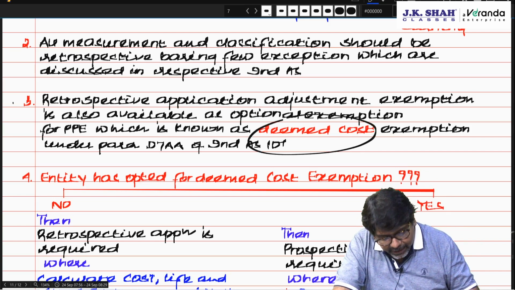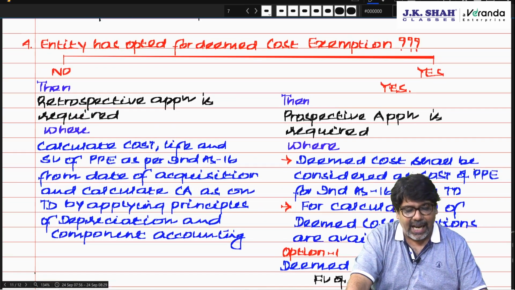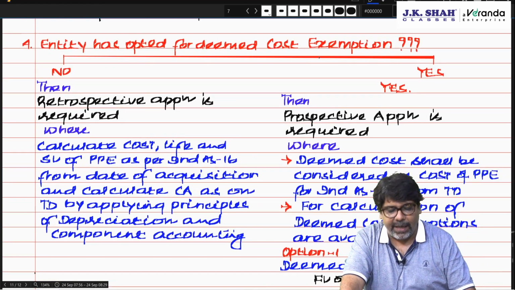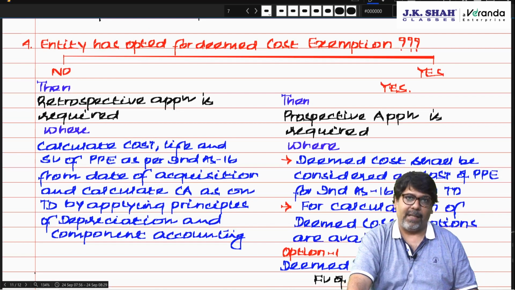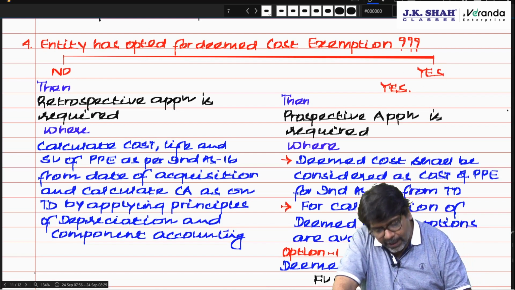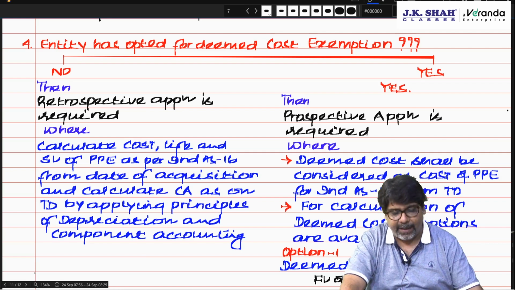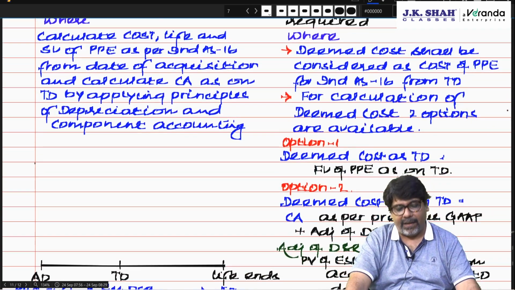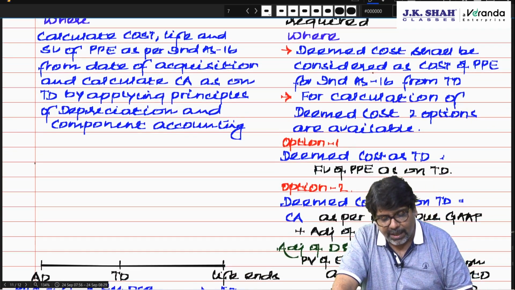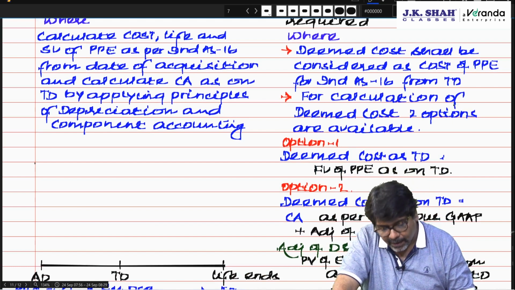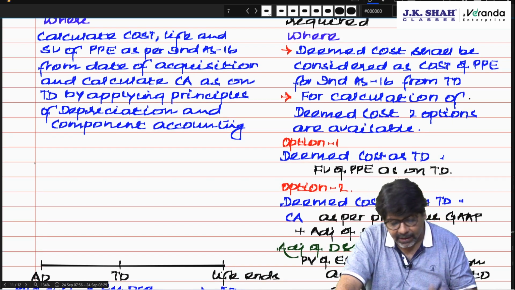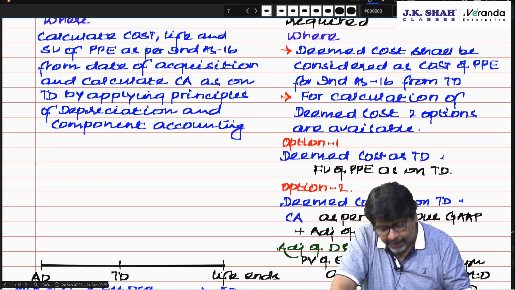Has the entity opted for the deemed cost exemption? No. Then retrospective application is required. Has the entity opted for the deemed cost exemption? Yes. Then prospective application is required, where deemed cost is considered as the cost of PP for Ind AS 16 from the transition date.